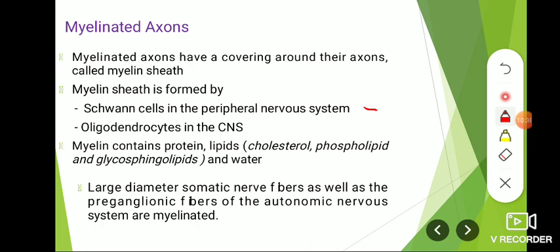On the contrary, oligodendrocytes form the myelin sheath in the CNS, and a single oligodendrocyte covers many axons at a time. And what is myelin sheath? It is protein, lipids and water. Cholesterol, phospholipids and glycolipids are there. Large diameter somatic nerve fibers as well as preganglionic fibers of the autonomic nervous system are also myelinated.